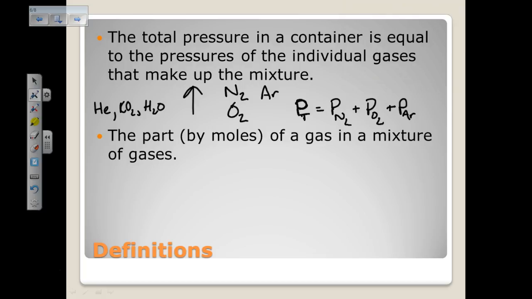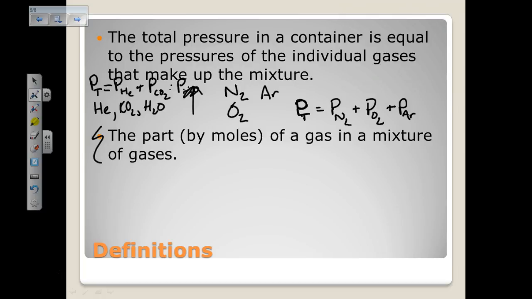And so the total pressure inside that balloon is the pressure of helium, which is going to be close to the total pressure, since it's mainly helium, but there's also the pressure of carbon dioxide and the pressure of water to worry about. So that's what partial pressure is.